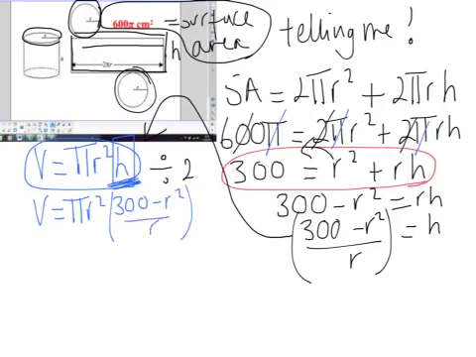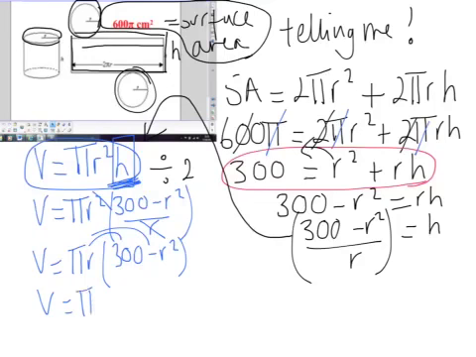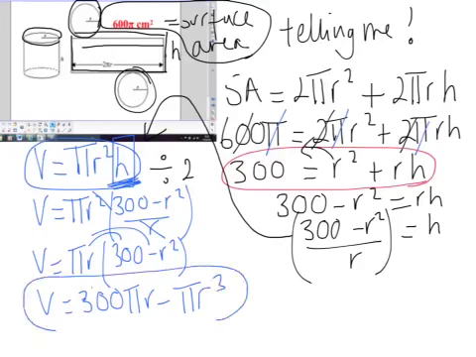Now that r will cancel with one of those r's. So V equals pi r times 300 minus r squared. And then we're going to times that out. So V equals pi, in fact let's write the 300 first. V equals 300 pi r minus pi r cubed. And that is now my formula for my volume.